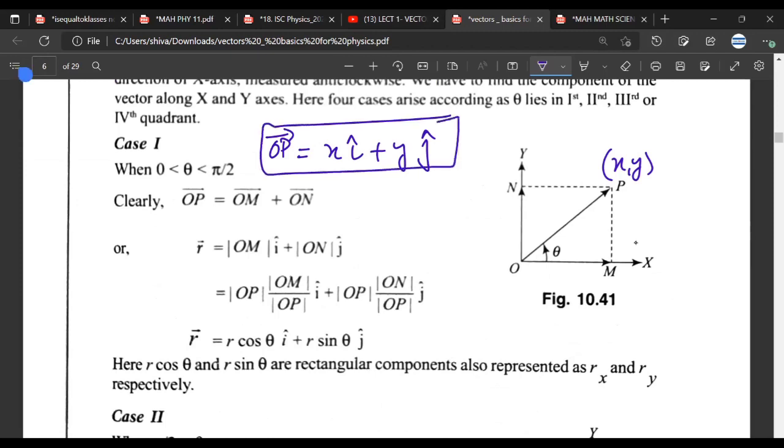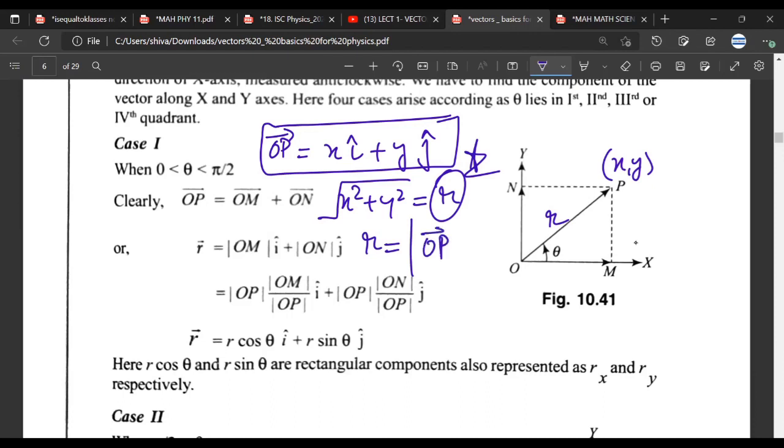Now let me say that the length, root of x square plus y square, of this vector is equal to r. Are we clear, Avantika? So now rather than writing root x square plus y square every time, I'm just writing it as r. So basically r is the magnitude of the vector OP.